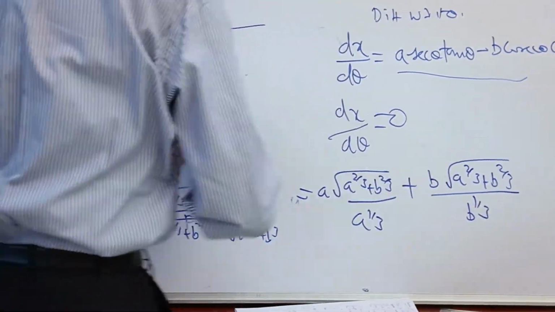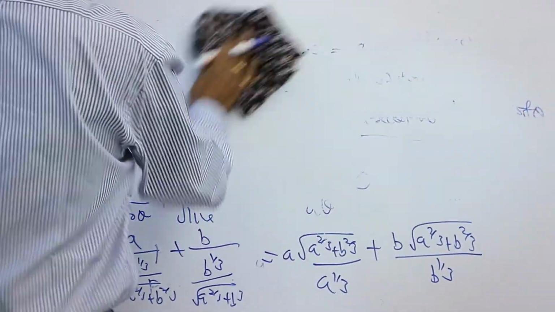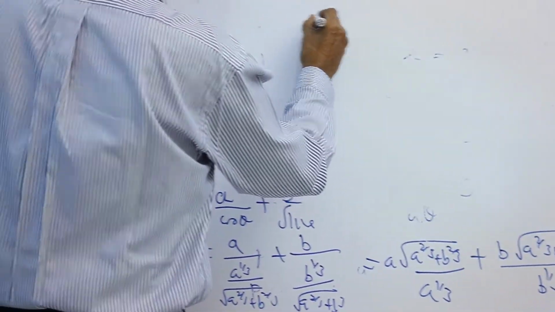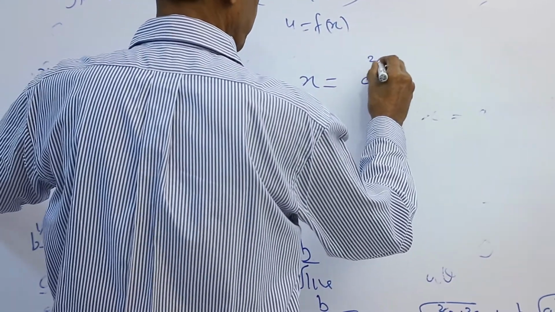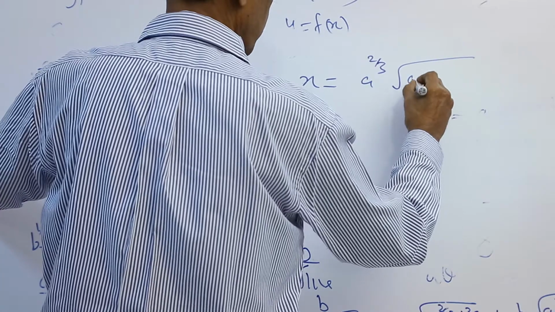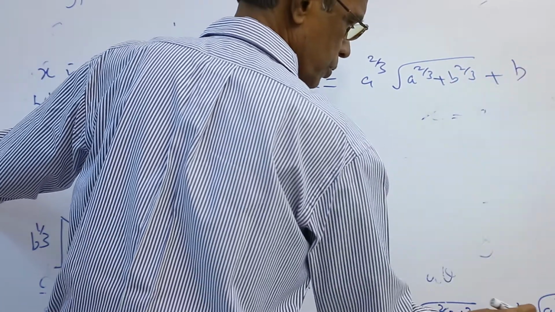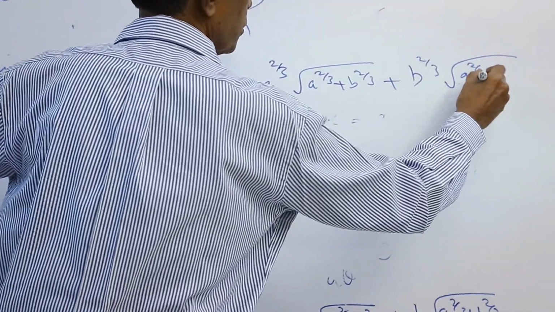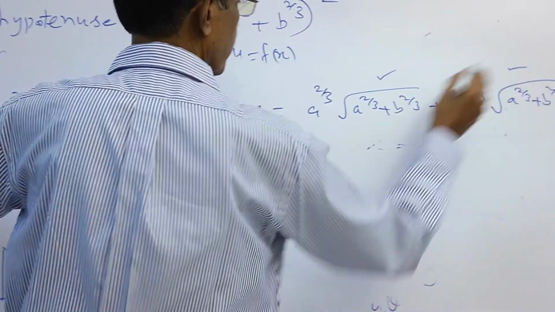And this will give you, just let me wipe it off. This will give you x equal to a power 2 by 3 into root of a power 2 by 3 plus b power 2 by 3, plus b into b power 2 by 3 root of a power 2 by 3 plus b power 2 by 3, and when you take this thing as common, what happens?